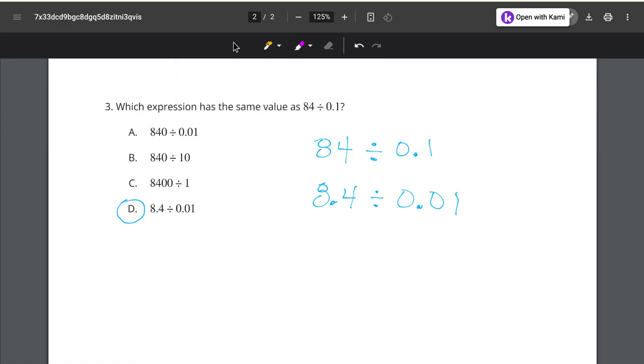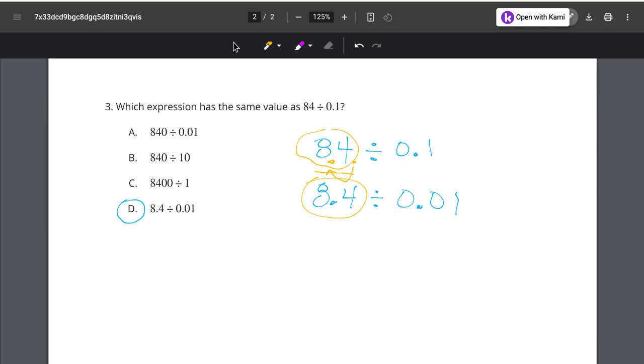To go from 84 to 8 4/10, I would have to move my decimal point 1 time to the left. Because look, in 84, a whole number, the decimal sits at the end. So if I move it 1 time to the left, now I have 8 4/10, which is what I had for answer choice D, 8 4/10. But I would have to do the same thing for the divisor.